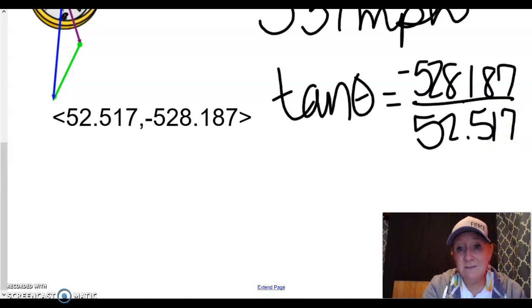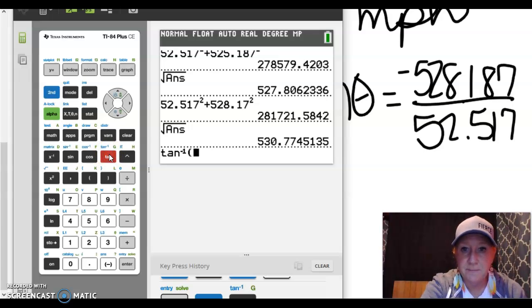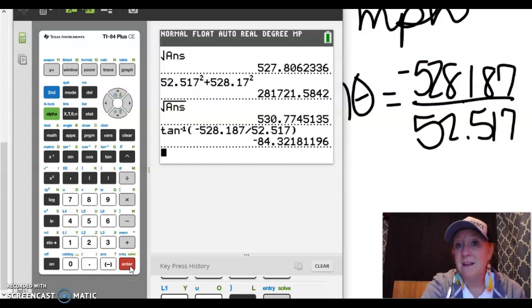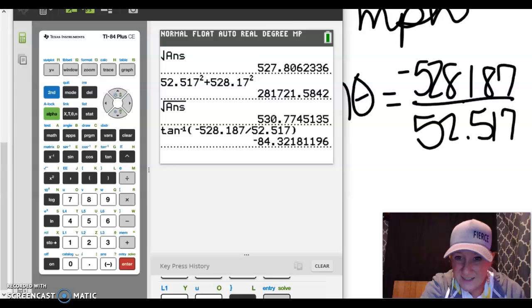Okay, so I tan inverse that. So second tangent, negative 528.187 divided by 52.517, close my parentheses. So negative 84.332 degrees.